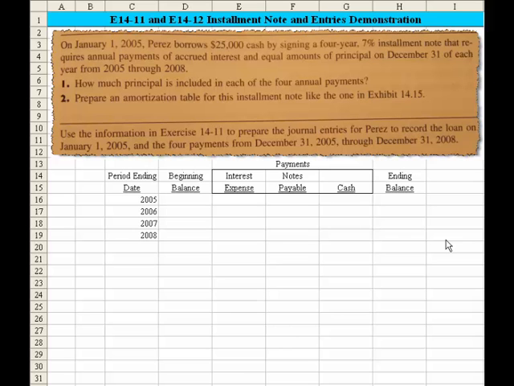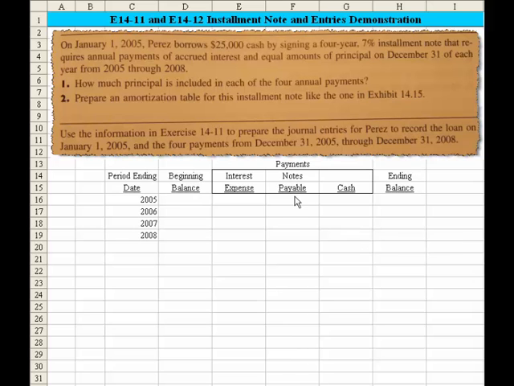On January 1st of 2005, Perez borrows $25,000 cash by signing a 4-year, 7% installment note that requires annual payments of accrued interest and equal amounts of principal on December 31st of each year from 2005 to 2008. We're asked to determine how much principal is included in each of these 4 annual payments, and then prepare an amortization table for the installment note, similar to the one shown in Exhibit 14.15.